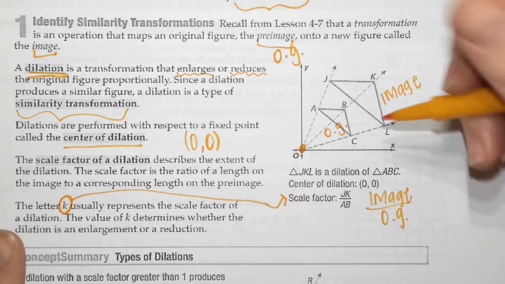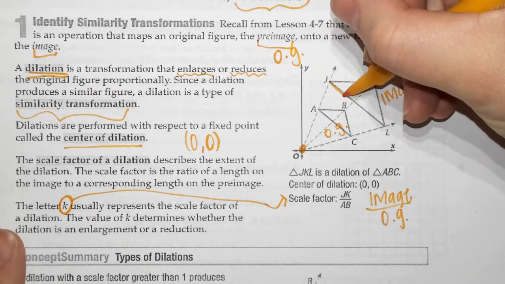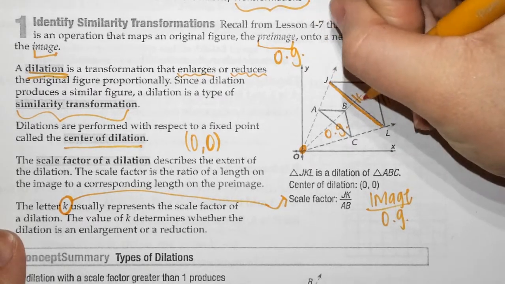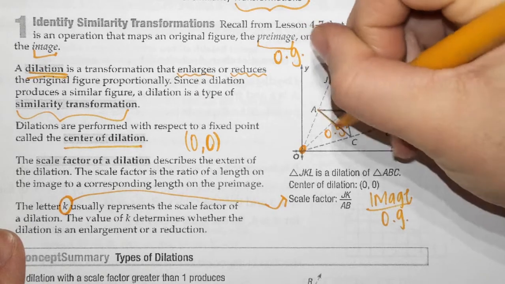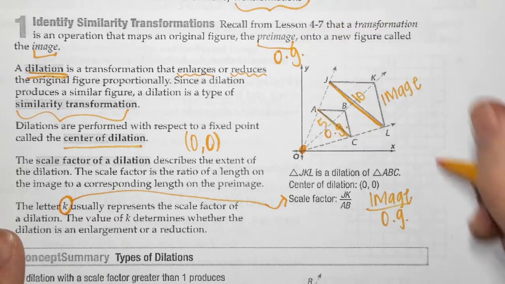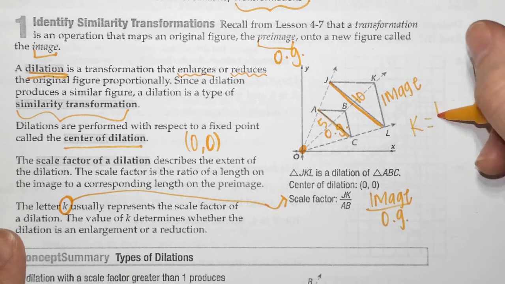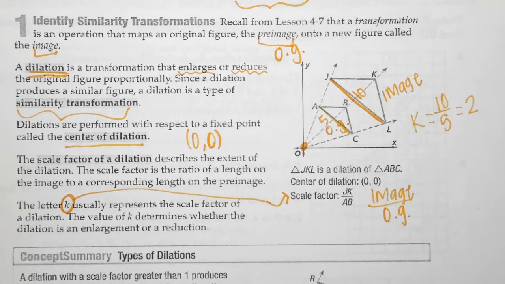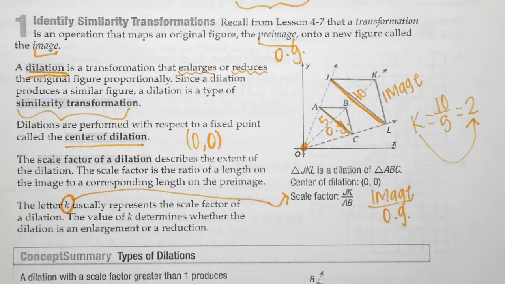Okay? So if I could count this distance, let's just say, for example, it's 10, and this is 5, then the scale factor of this example would be 10 to 5, which reduces to 2. So the scale factor is 2. Okay, so you kind of work backwards on that part.